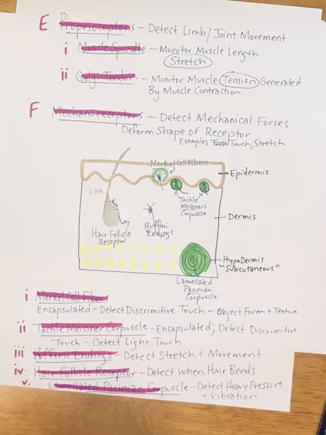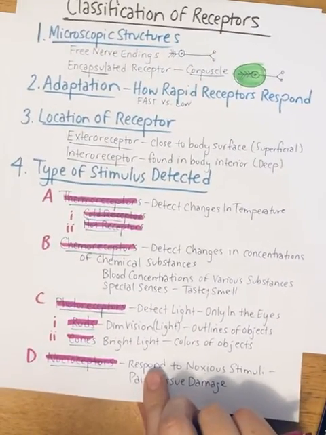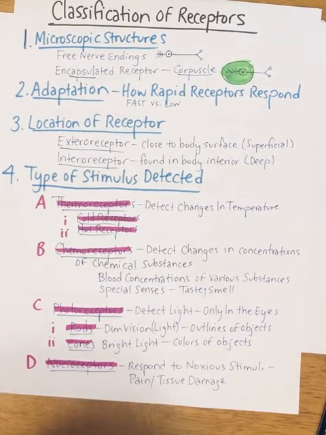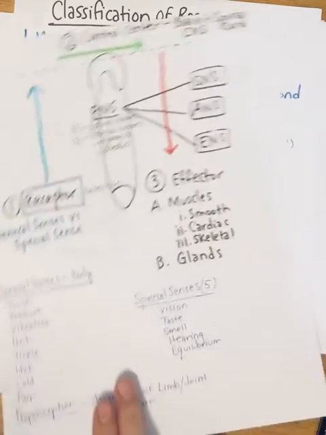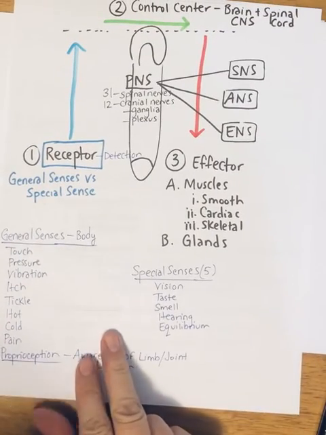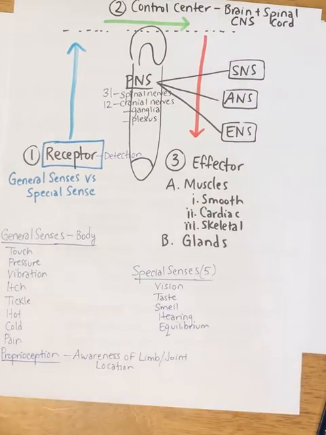So these are all the different types of receptors, and basically these receptors are detecting changes in the body, which sends sensory neurons to send information up to the brain to be processed. And if we need to do something about it, we'll send motor neurons out, and we'll control different effectors by different peripheral nervous system, or PNS, systems.